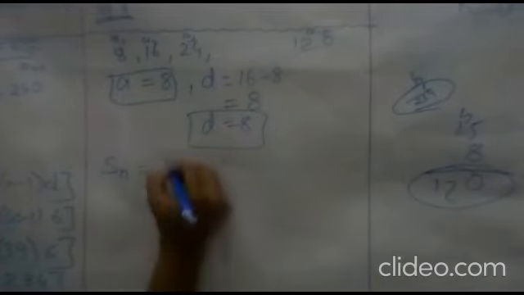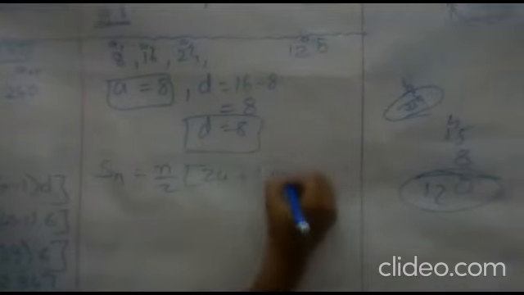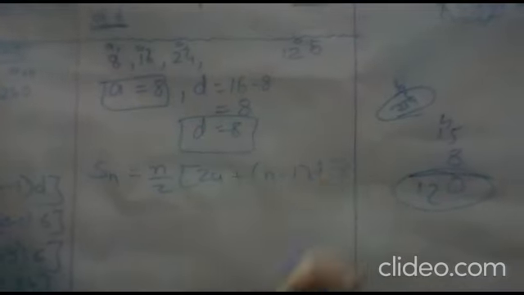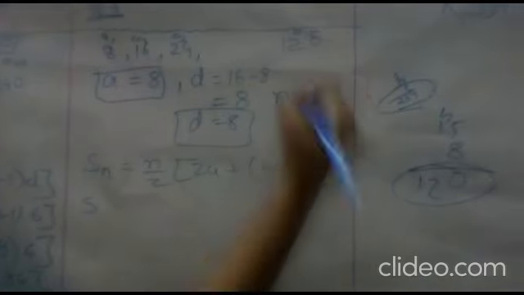Okay, so d is equal to 8. Now for the sum of n terms, n by 2 into 2a plus n minus 1 into d. In the place of n, we get n is equal to 15.